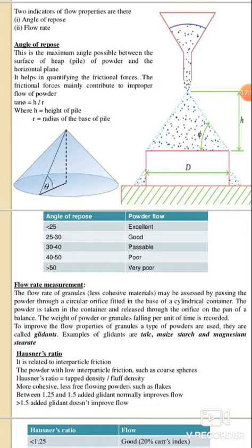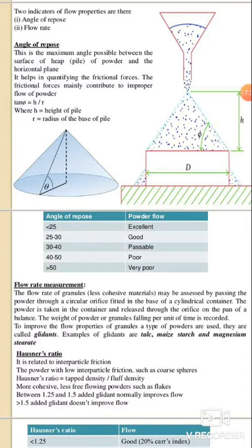This cone, heap or pile has a maximum possible angle in respect of the horizontal plane. We can calculate it as the angle of repose. It helps in quantifying the frictional forces.